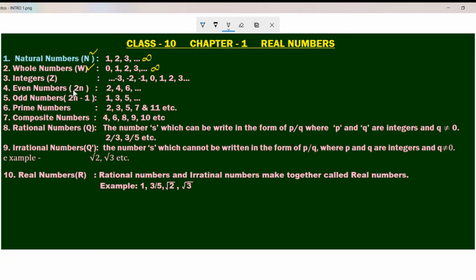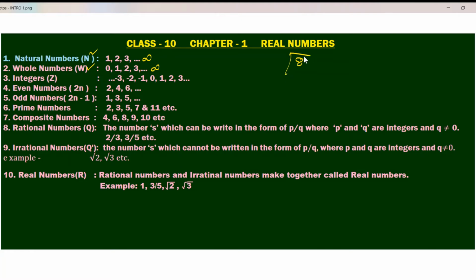Next is even numbers. Even numbers we can write like this, 2n, where n is a natural number. That means even numbers are multiples of 2. And we can define the even number like this also. If the given number is exactly divisible by 2, then we can call it an even number. For example, I am going to take 8.